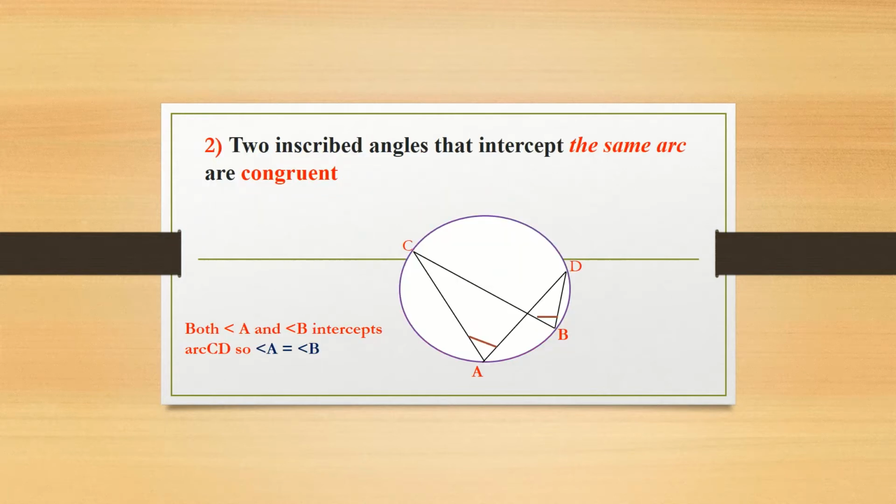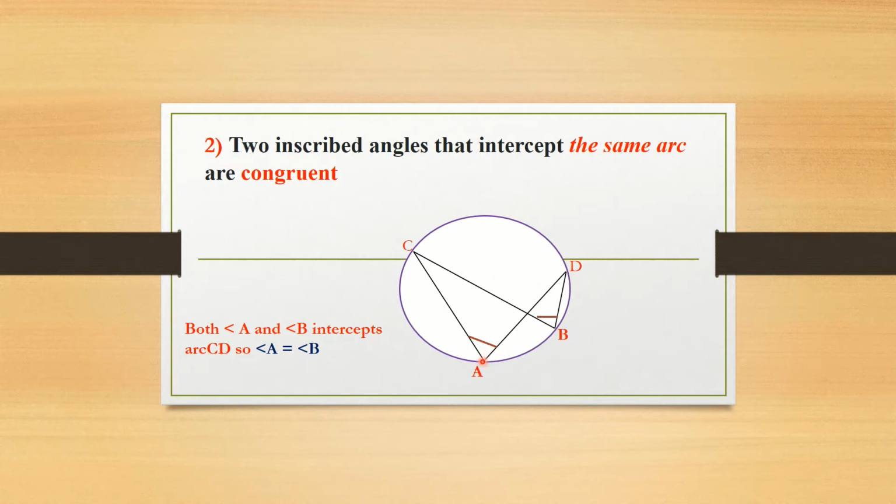Concept number 2, two inscribed angles that intercept the same arc are congruent. Focus on this circle. We have 4 angles: angle A, angle B, angle C, and angle D. But look carefully.